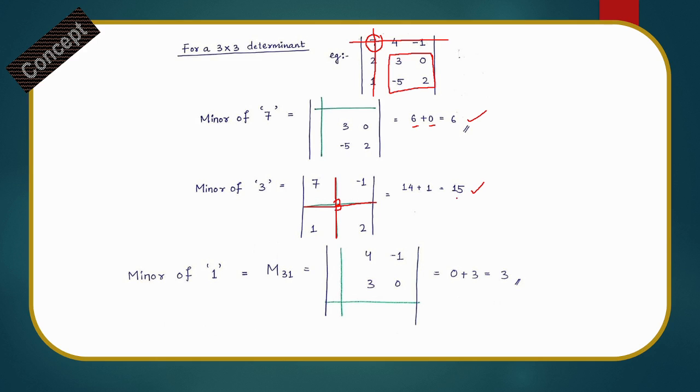The minor of 3 is 15. Similarly, for the minor of 1, we remove this column and this row, and the remaining part is this. We calculate its determinant value, and it comes as 3. So this is how we calculate the minors.